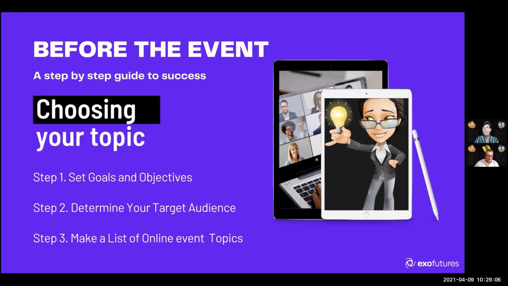It gives you a very good idea of what the pain points are, the problems that people are trying to solve. And then lastly, also consider what your competitors are doing. You do not necessarily want to have an online event on something a competitor is also doing. Go and look at what they're doing, consider all the previous research you have done, and then decide on a niche topic that you would like to offer your target market.